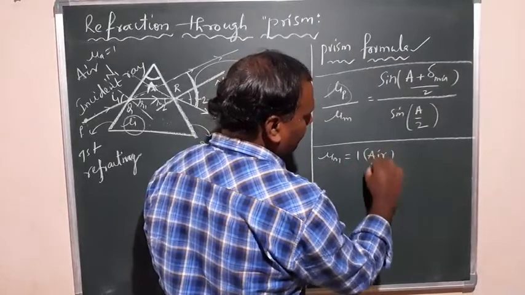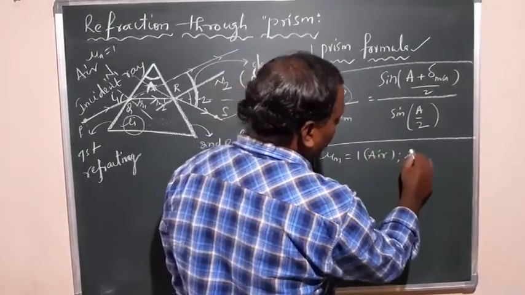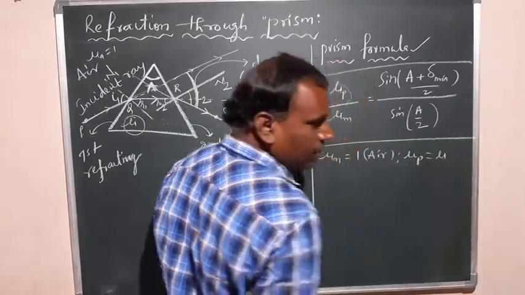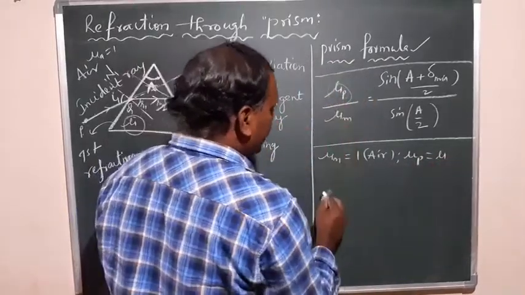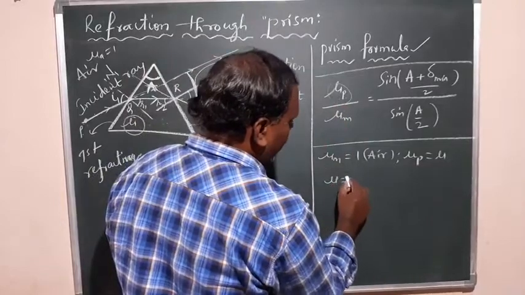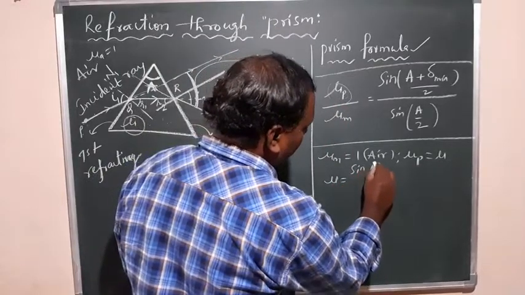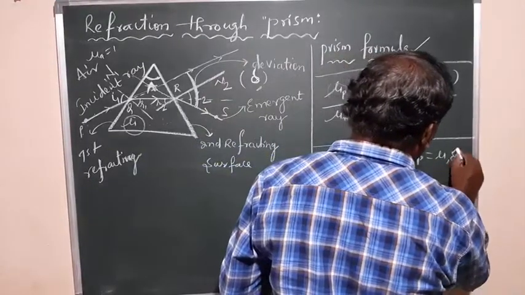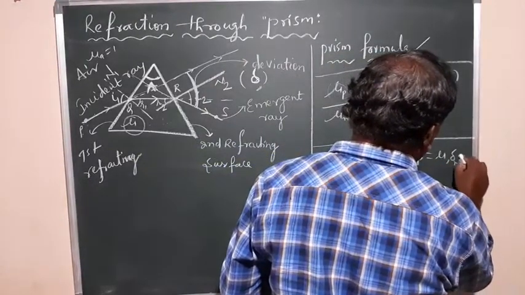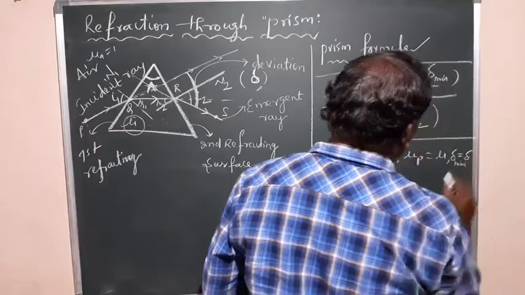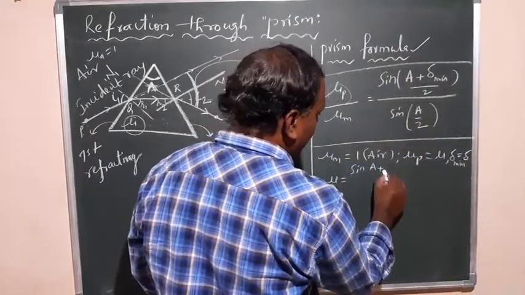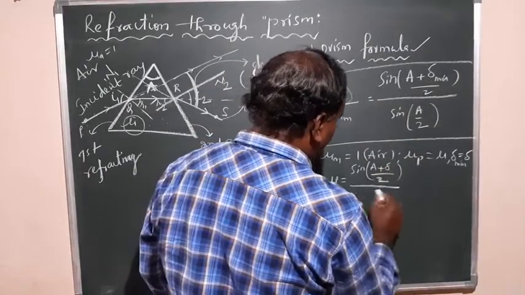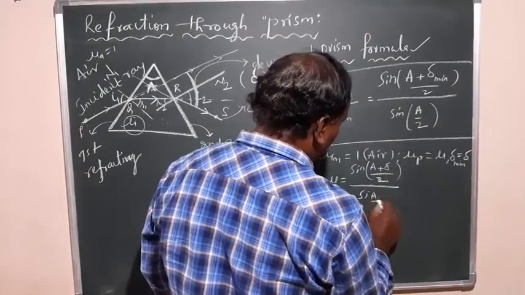I am representing the refractive index of the prism, mu p, as only mu. Then you can write this equation as mu is equal to sine of (A plus delta) upon 2, upon sine of A by 2, where the minimum deviation, delta minimum, is represented as only delta.